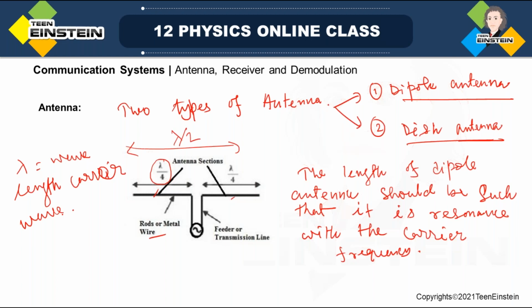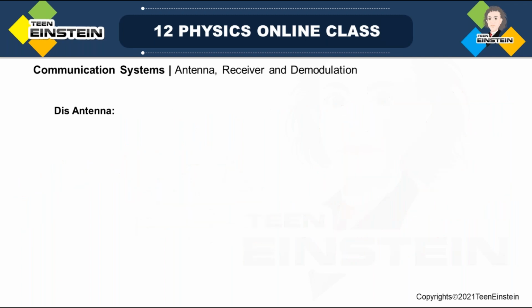Okay, now generally we see another type of antenna, those are called dish antenna. Dish antenna spelling is this.